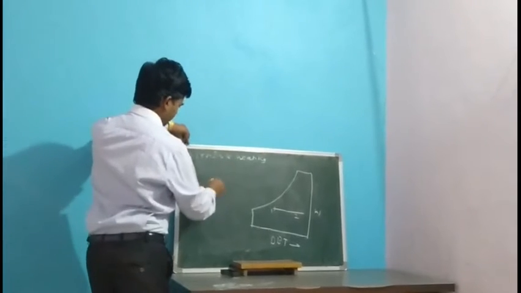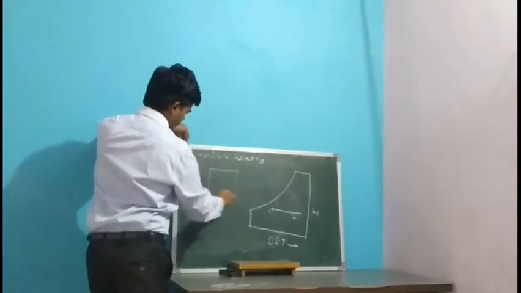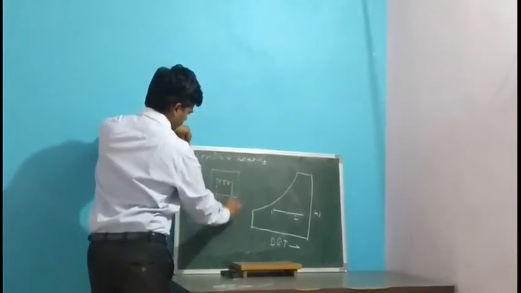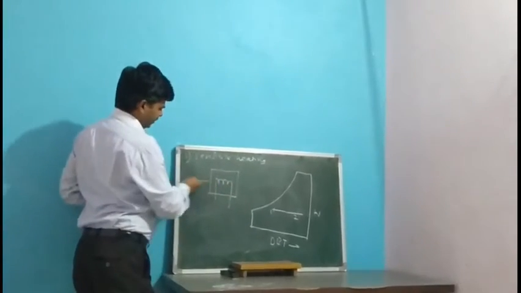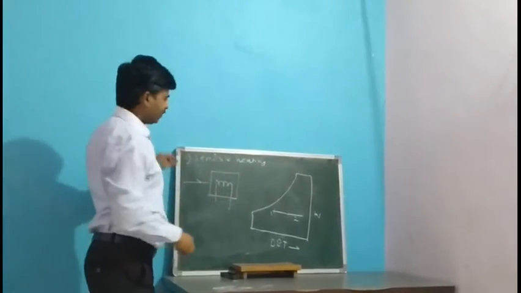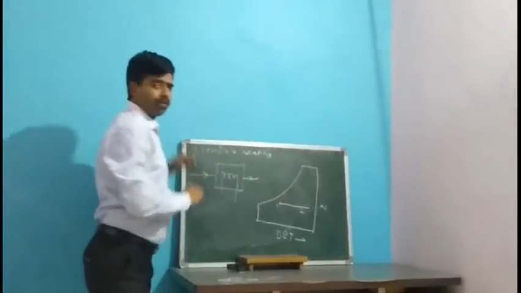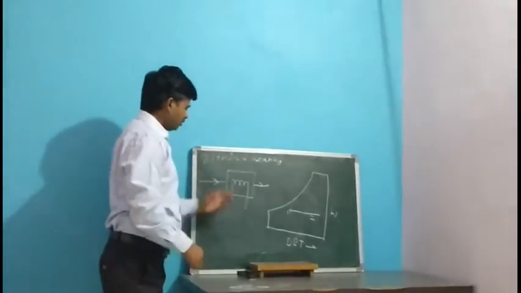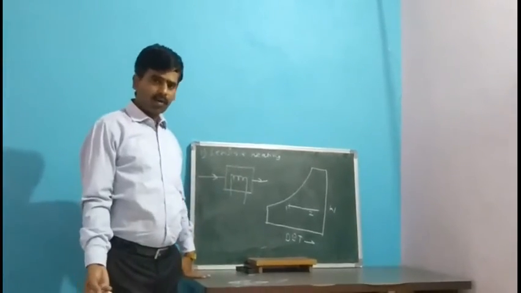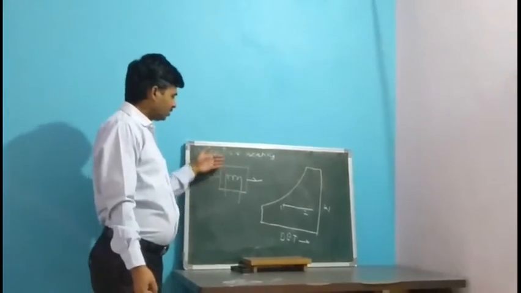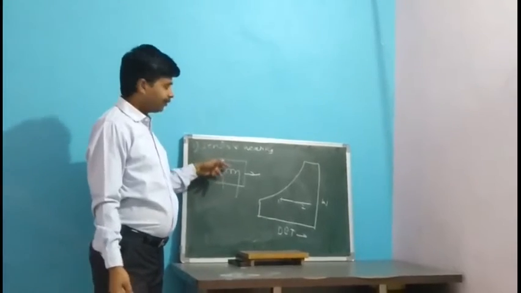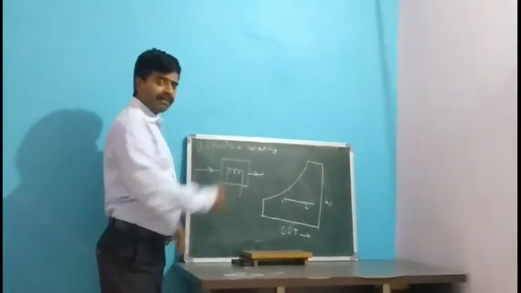Here I am considering one heating coil like this, and air gets passed over that heating coil. This may be an electrical heating coil, or you can consider a tube through which steam gets passed.